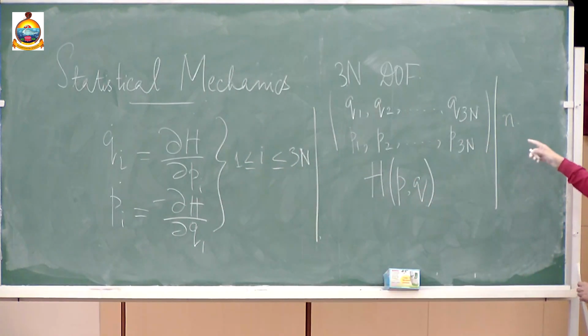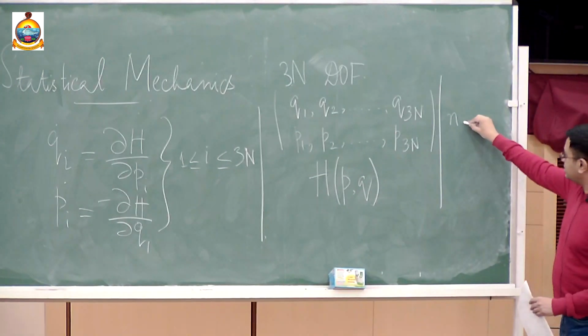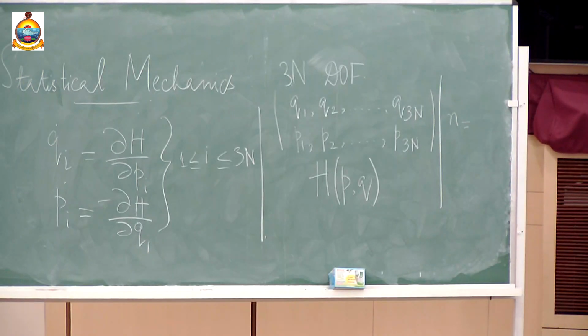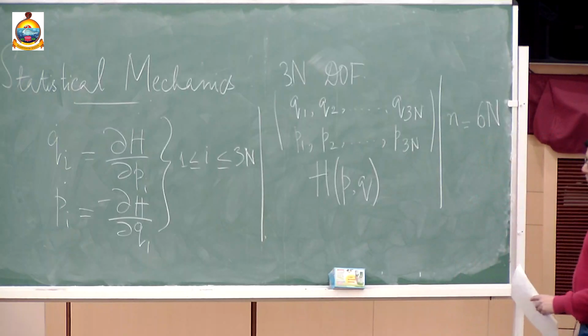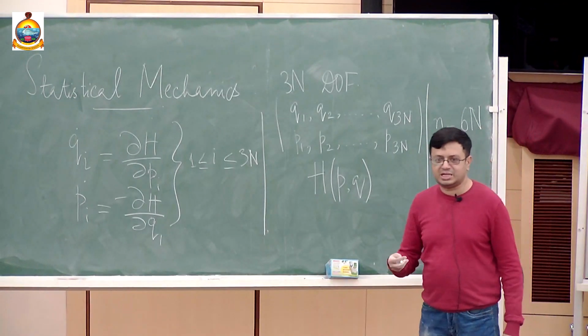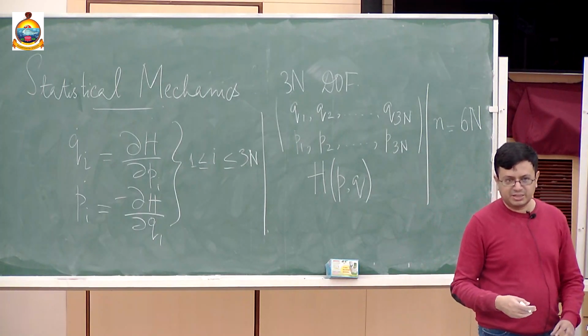Just to make a connection to my lectures on dynamical systems, what is now n? N is the number of dynamical variables, 6n, right? We are going to deal with a situation in which n is typically very large, of the order of 10 to the power 23.